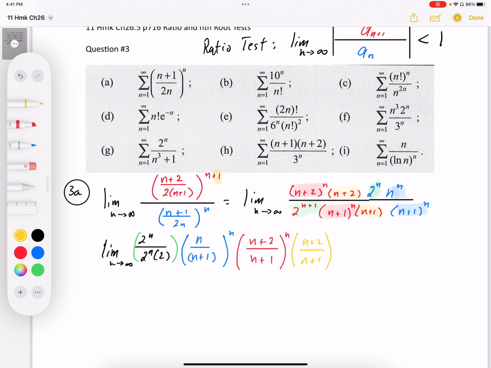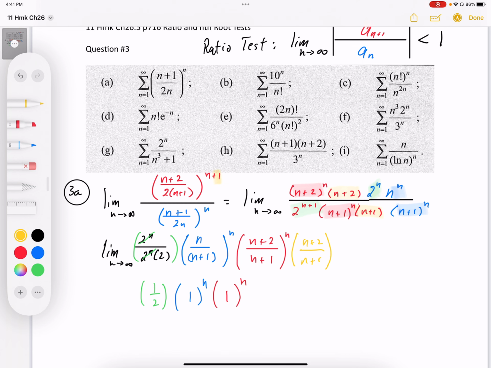So when we evaluate this limit from the green, the 2n's are going to cancel out. So we're going to be left with 1/2. Okay, for the blue ones here, the limit of n over n plus 1 is 1 to the power n. For this one here, we're going to end up with n plus 2 over n plus 1 as n goes to infinity. Again, that's going to be 1 to the power n.